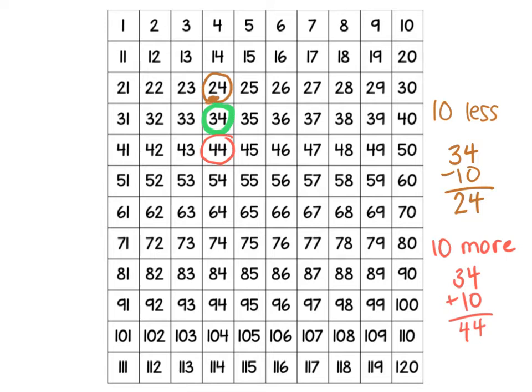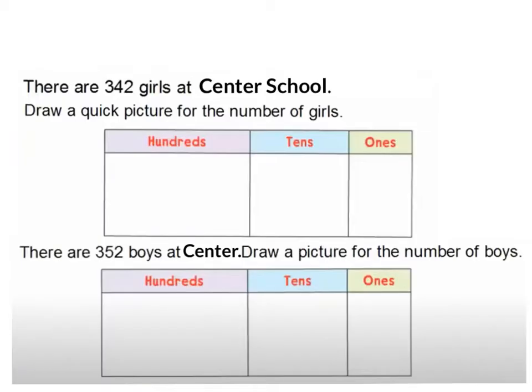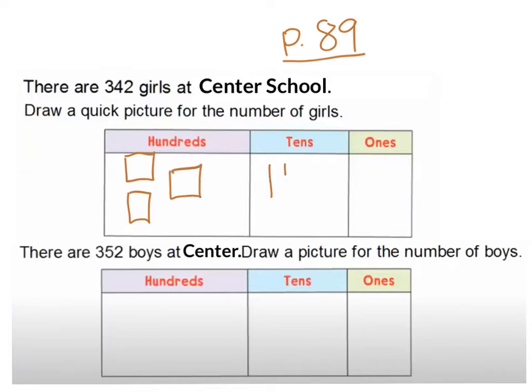Now let's try this using our base 10 blocks. Please open up your book to page 89. There are 342 girls at Center School. Draw a quick picture for the number of girls. So 3 hundreds, 4 tens, and 2 ones.